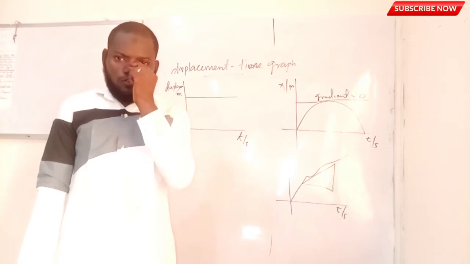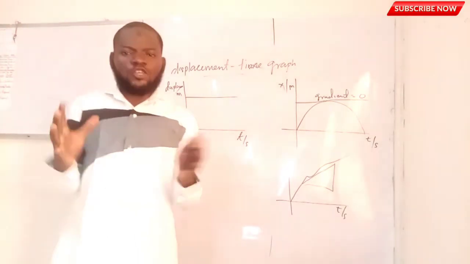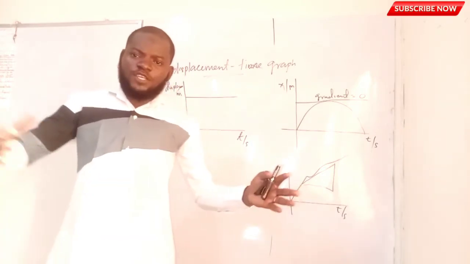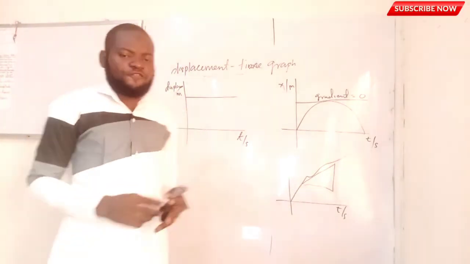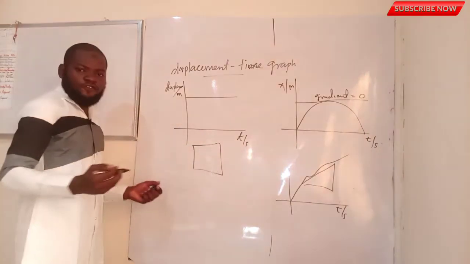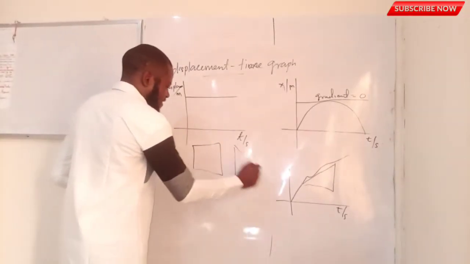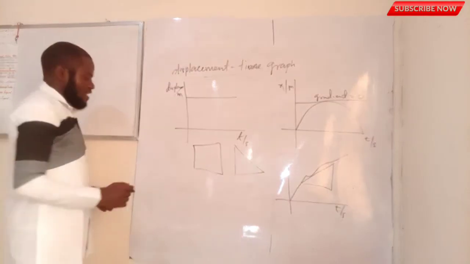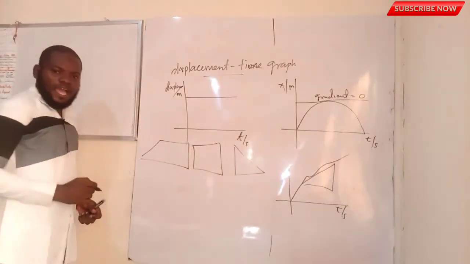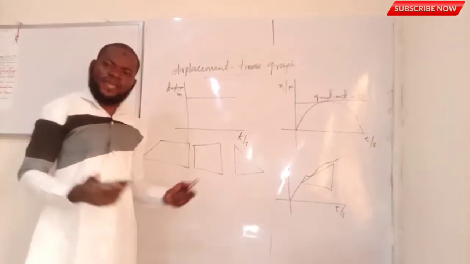Why? Because at times, the motion of a body can give you different shapes. A body can just be going like this now, and it can form a square shape. The motion of a body can form a square shape. At times, it can form a triangle. At times, it can form a trapezium. Are you getting it now? At times, it can form a rectangle.